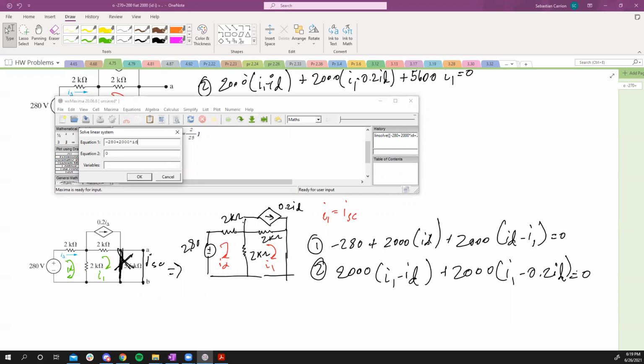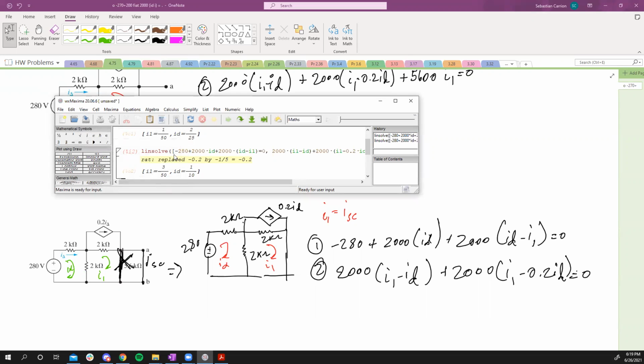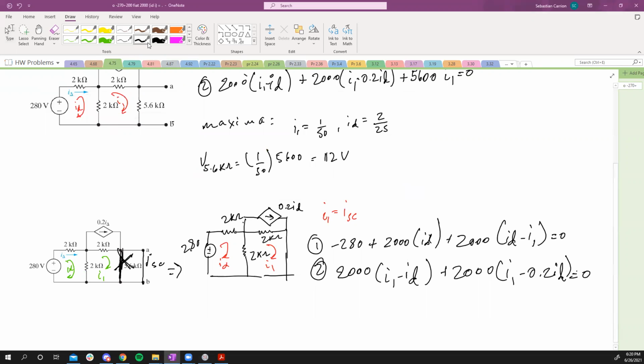2000 times 3, 50. So we get that our I1, which is our short circuit, is 3/50.